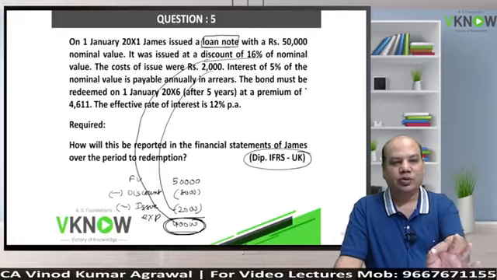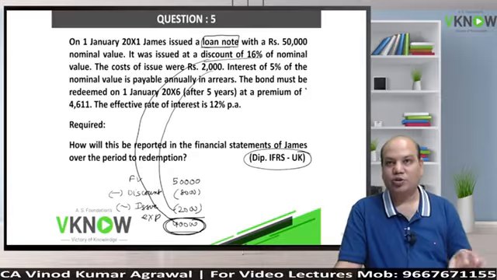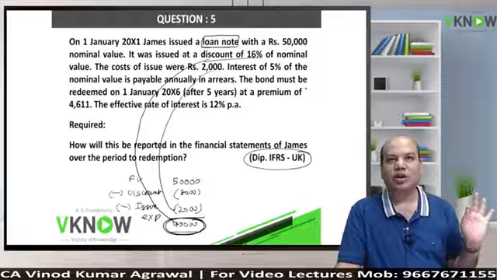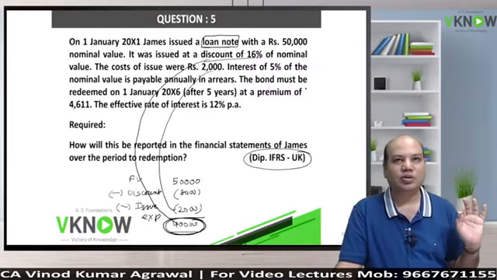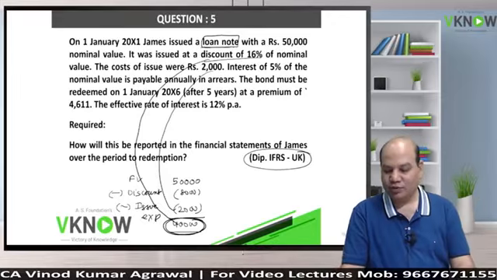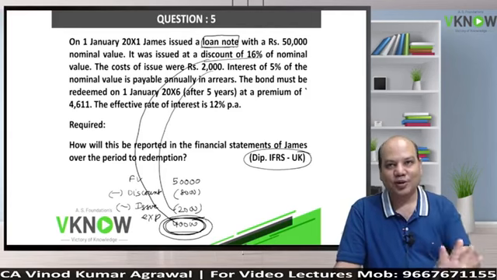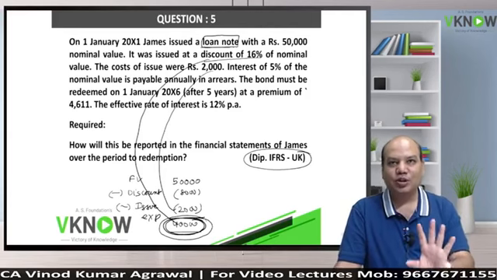I want to make one more clarification. In your intermediate or foundation course, you pass a separate entry for issue expense. You credit or debit separately the discount account. Do you remember discount on issue of debenture account? All those items have gone. 40,000 takes care of discount also, issue expense also.